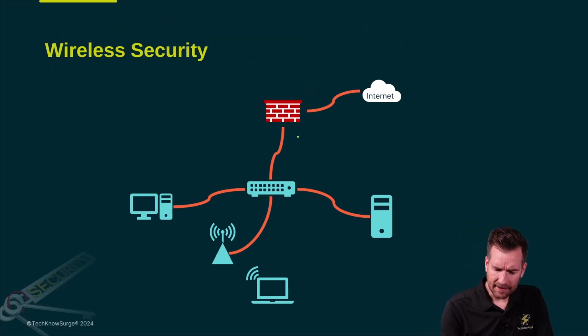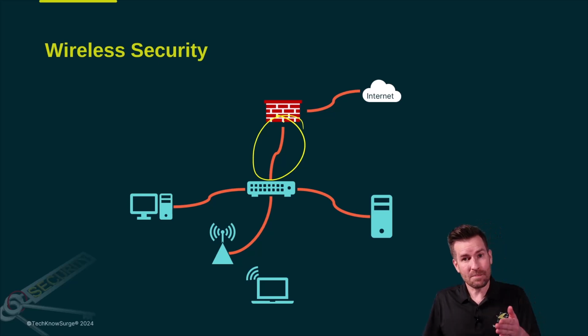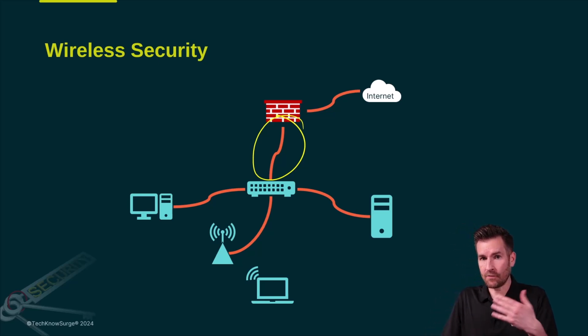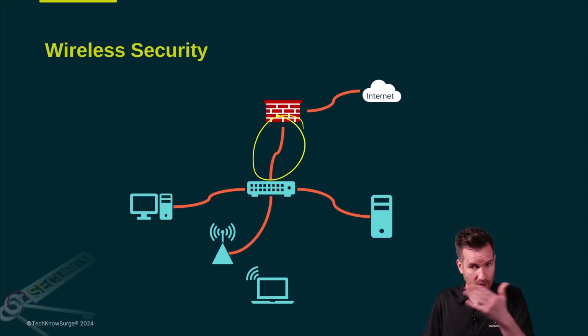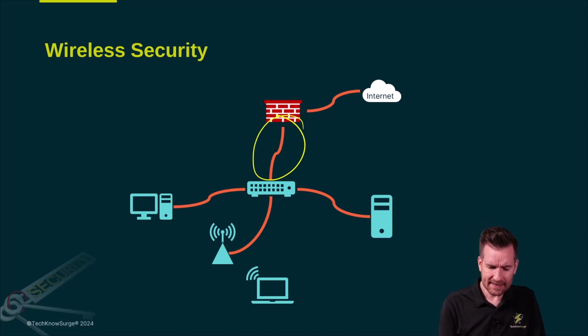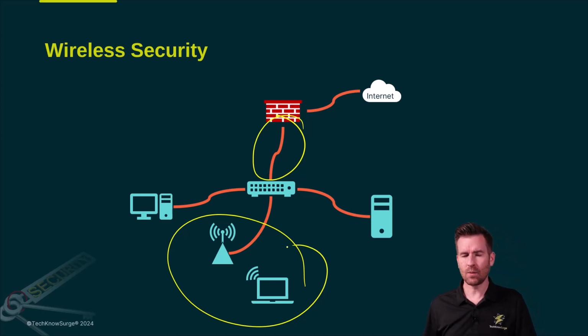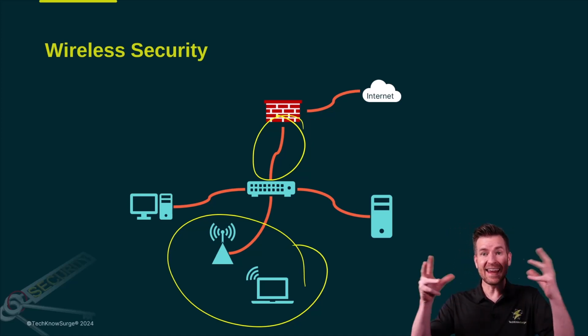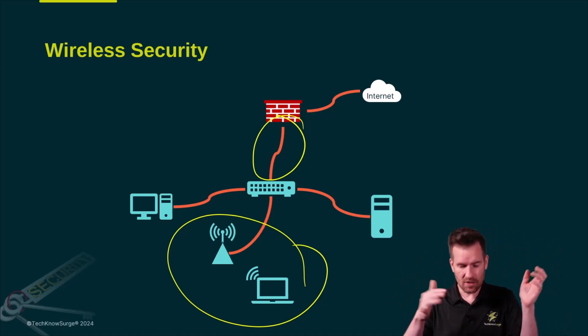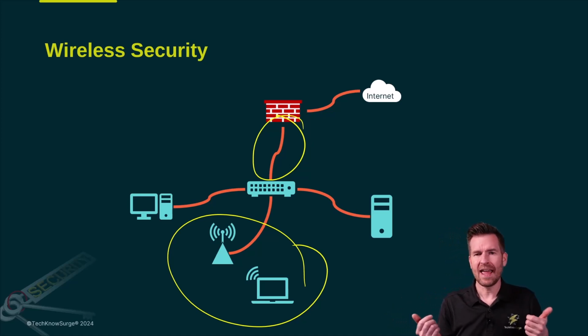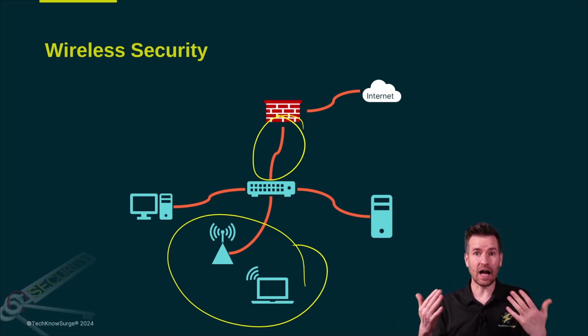A wired network allows us to connect one piece of equipment to the other. And if we don't want to have communication between two pieces of equipment, we can physically disconnect those wires. Well, that's not the case with wireless. When it comes to wireless, that data is just floating in the air. It's going back and forth through the air, and so anybody can listen in on that data.